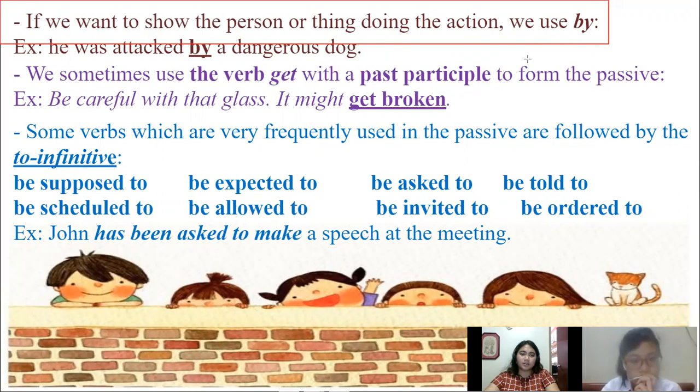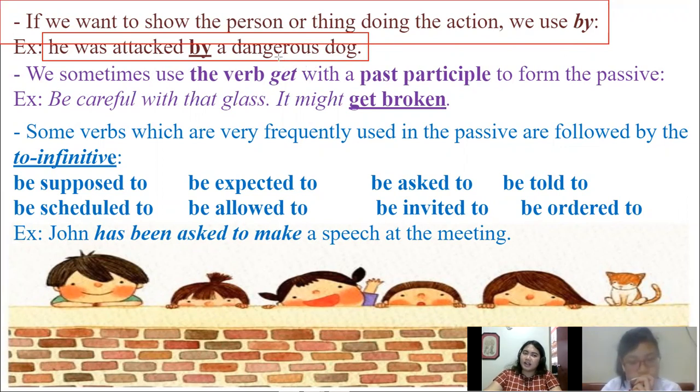Yes, so here, this is an example. For example, he was attacked by a dangerous dog. So what is the action? Attack, right? By what? By the dangerous dog. Okay. So if we want to show the person or thing doing the action, we use by.